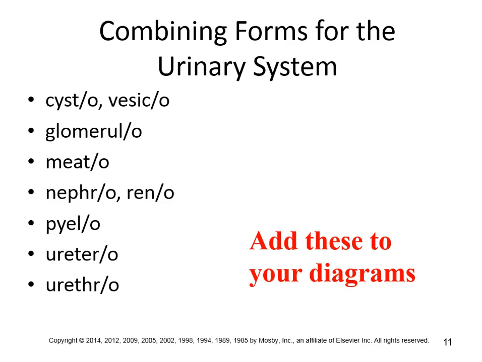Since nephrons are the basic unit of the kidney, nephro means kidney as well. Pyelo is specific to the renal pelvis area. So that collection of where each nephron's urine output is collected, that's got its own term, pyelo. Ureter or ureter, again, I'm probably going to use them a million times interchangeably, means ureter, and urethro is for the urethra.